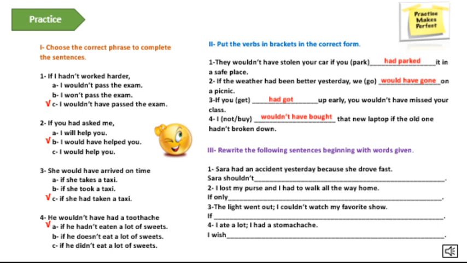Rewrite the following sentences beginning with the words given. Number 1. Sarah had an accident yesterday because she drove fast from work. So, why did she have an accident yesterday? Because she drove fast. Okay, so now I need to rewrite this sentence using the expression shouldn't.